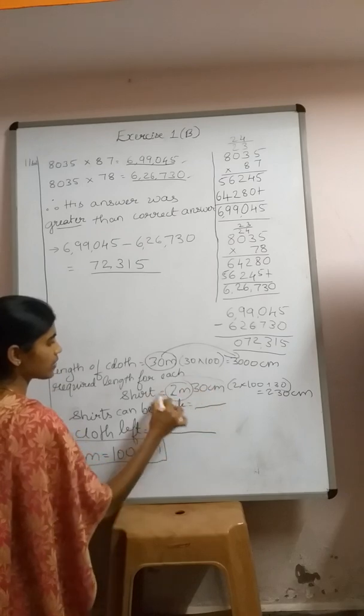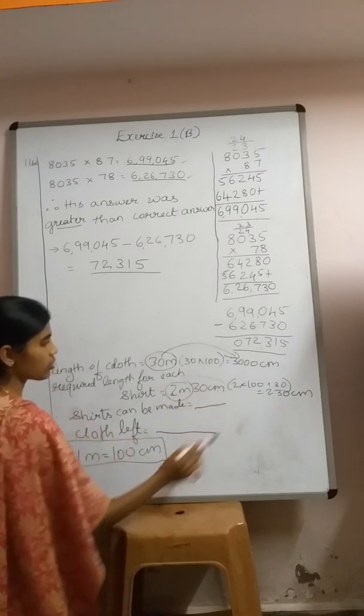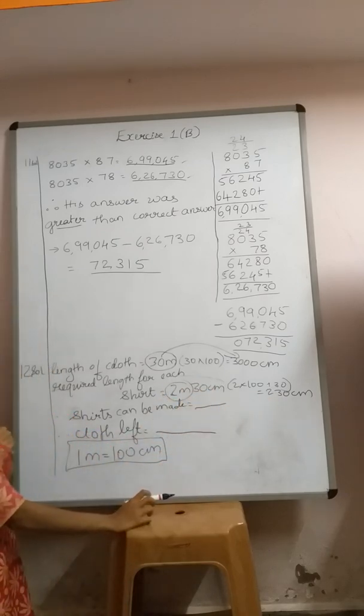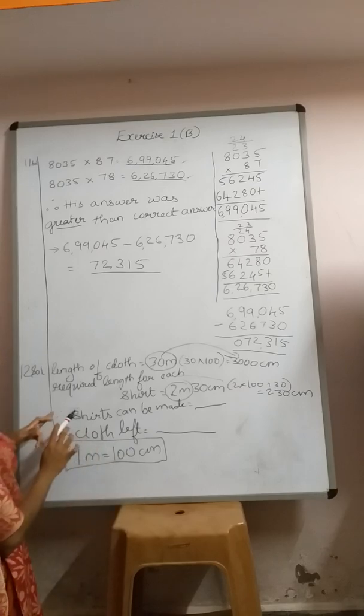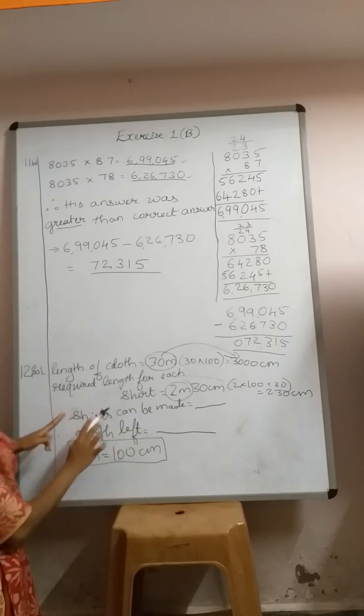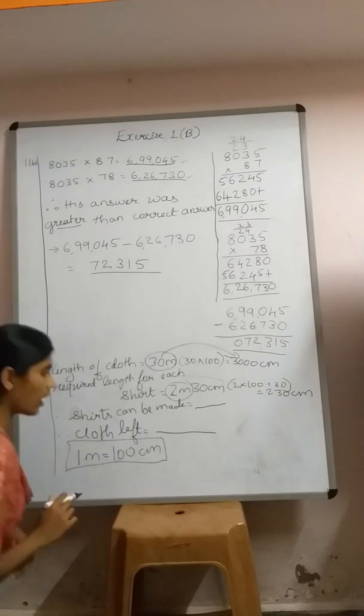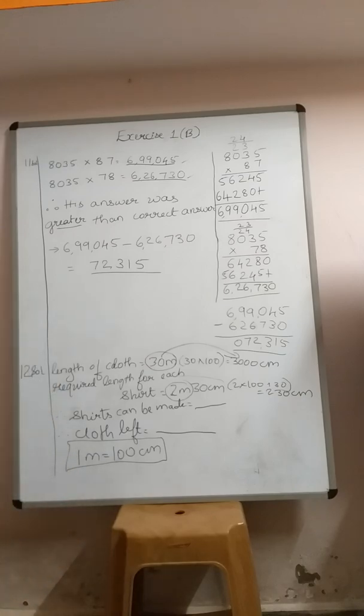So we converted this 2 meter 30 centimeter to 230 centimeter. So now what we should find? First, shirts can be made. So how many shirts can be made? So to see that, let us divide this.